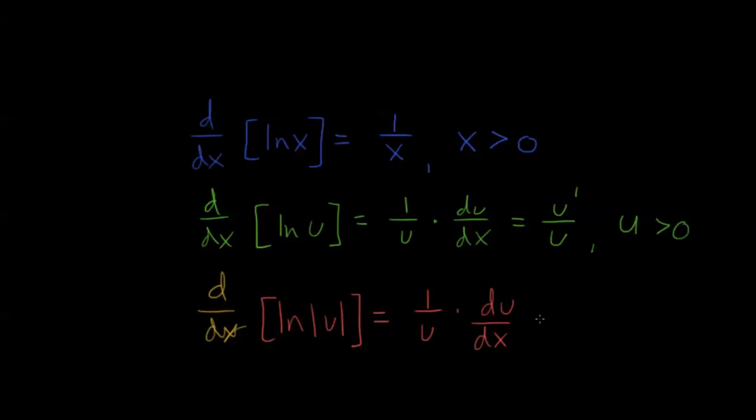So we can also write that as u prime over u. These two, the derivative of the natural log of u and the derivative of the natural log of the absolute value of u, are equivalent. So, with the definitions in place, we can go ahead and do some problems.